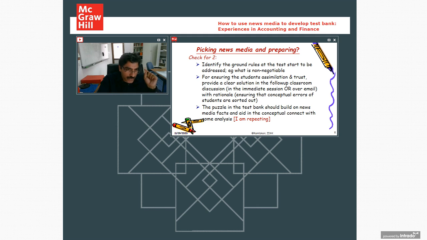So, for ensuring the student's assimilation and trust, always remember, whenever you have a news media based test paper, the moment a test is over, send an email of a suggested answer, or try to arrange a classroom the next day or as soon as feasible, wherein you take up that particular test paper and rationalize or reason out the responses of why a certain answer is more correct than the others.